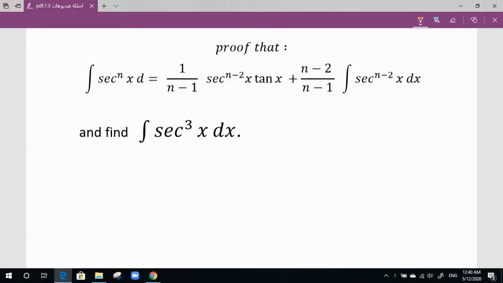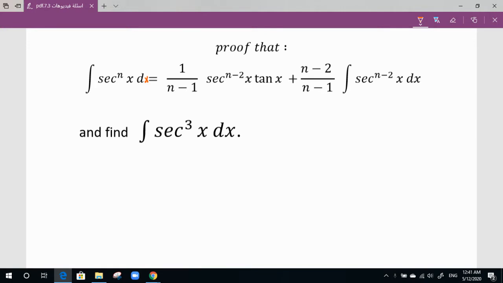In this question, he asked me to prove that the integral of secant to the power n x dx equals 1 over n minus 1 secant to the power n minus 2 x tan x plus n minus 2 over n minus 1 times the integral of secant to the power n minus 2 x dx.